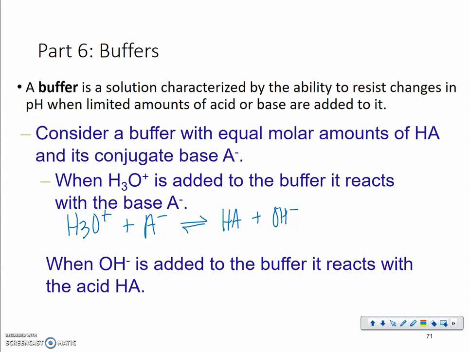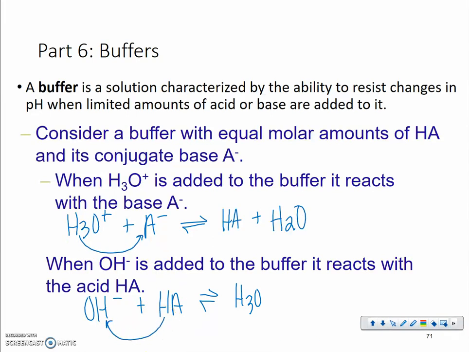If you add a base, it's going to react with the acid that's present. Sorry, when this donates a hydrogen, this is going to form water, H2O. And same thing here. This is going to donate a hydrogen there. This is going to donate a hydrogen.